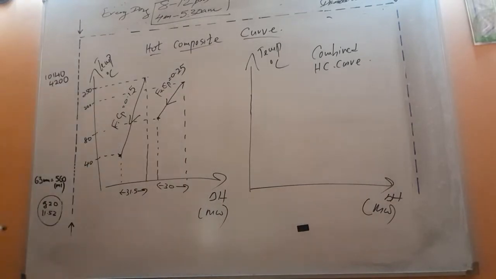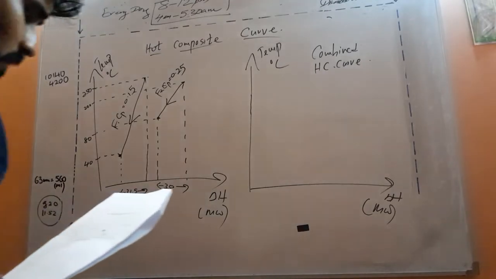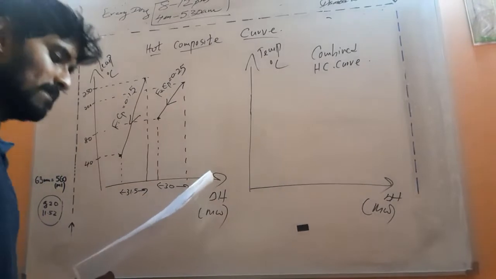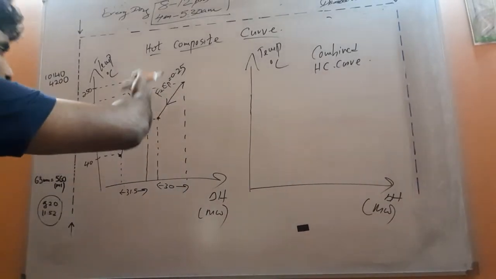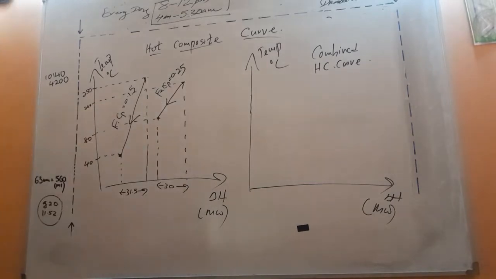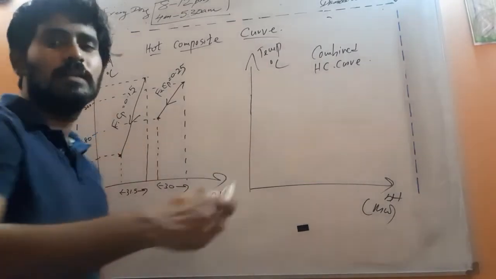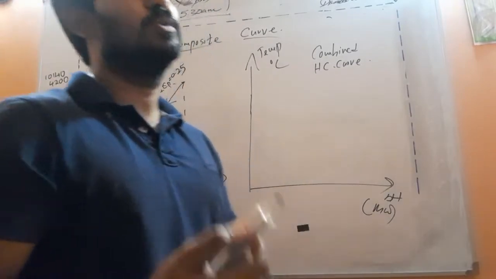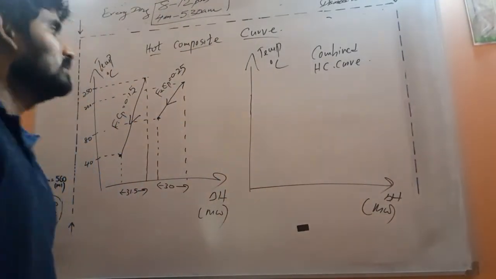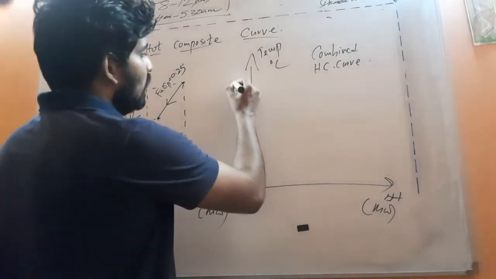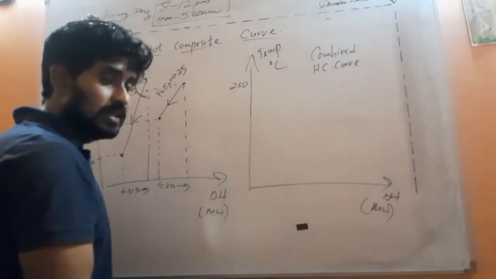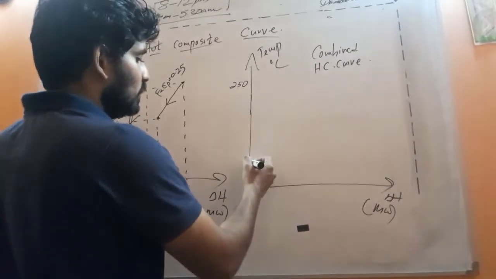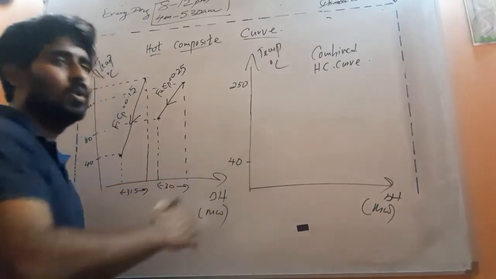Now let's see how to combine that. Here you have two sketches. In the combined curve you can't put two sketches; you have to put only one. That means you have to reach from 250 to the lowest value, which is 40, through only one curve.